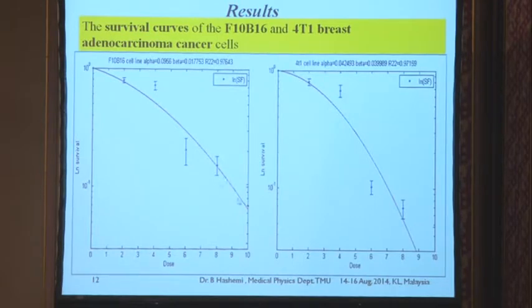As you see in this slide, it shows the survival fraction for the 2 kinds of cancerous cells, the melanoma and the breast adenocarcinoma. And these two graphs show that this cell line is more sensitive to radiation. As you see, the survival fraction goes down more rapidly than this one.